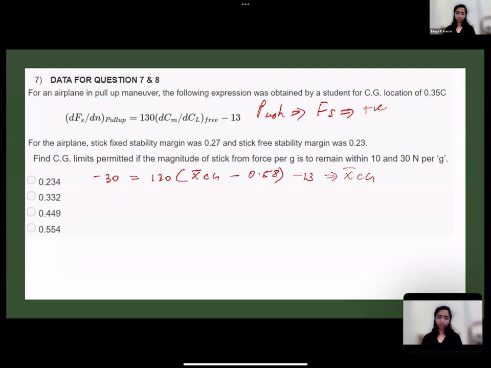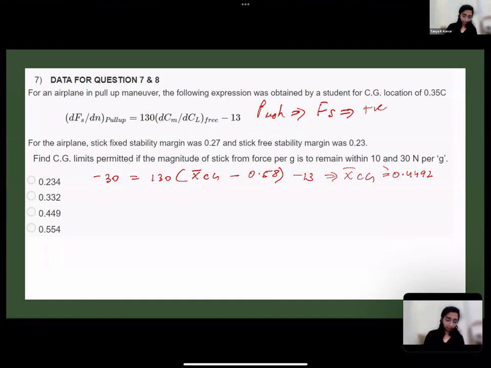Let's do the calculation again. I believe it is 0.4492. Let's try this again. 0.4492 is what I get. Yes.